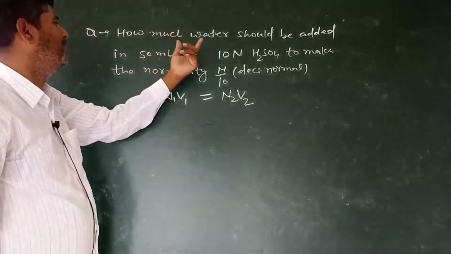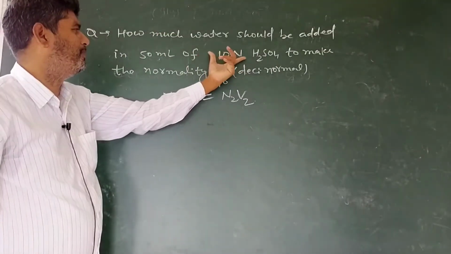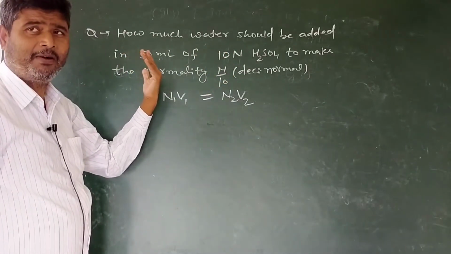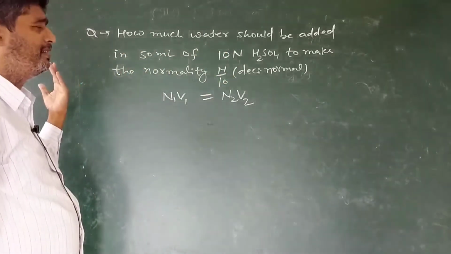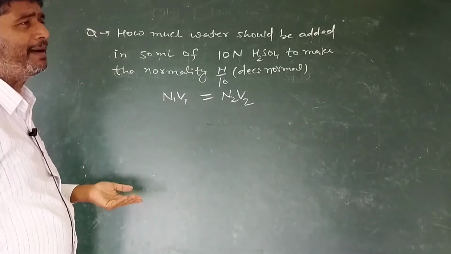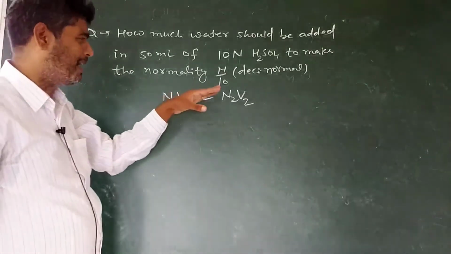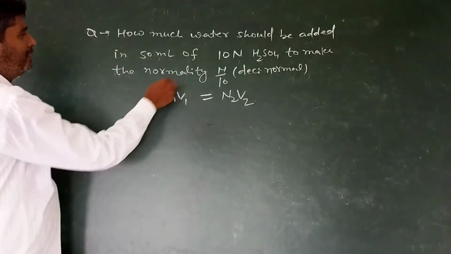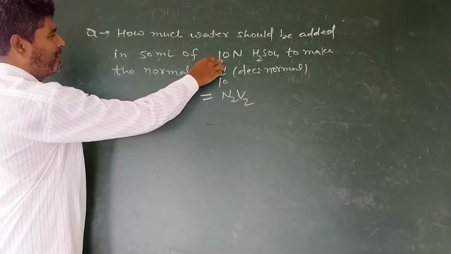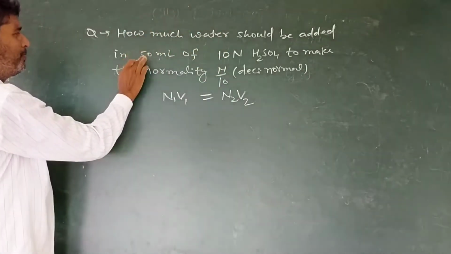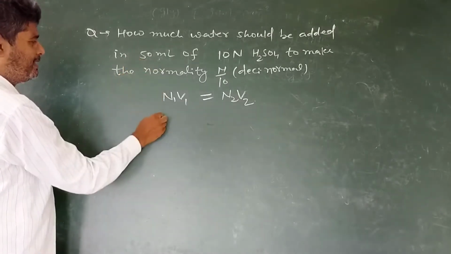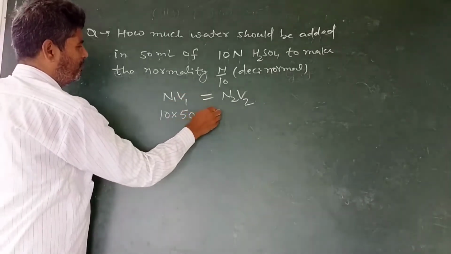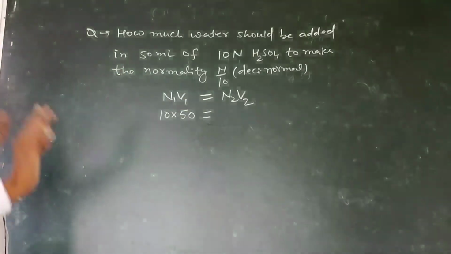So here normality and volume both are known for the H2SO4. Before dilution, our part is the LHS, and after dilution, after addition of water, our part is the right hand side, RHS. So before dilution, the normality of the H2SO4 is 10 and the volume of H2SO4 is 50. So we will write 10 for normality and 50 for the volume before dilution.